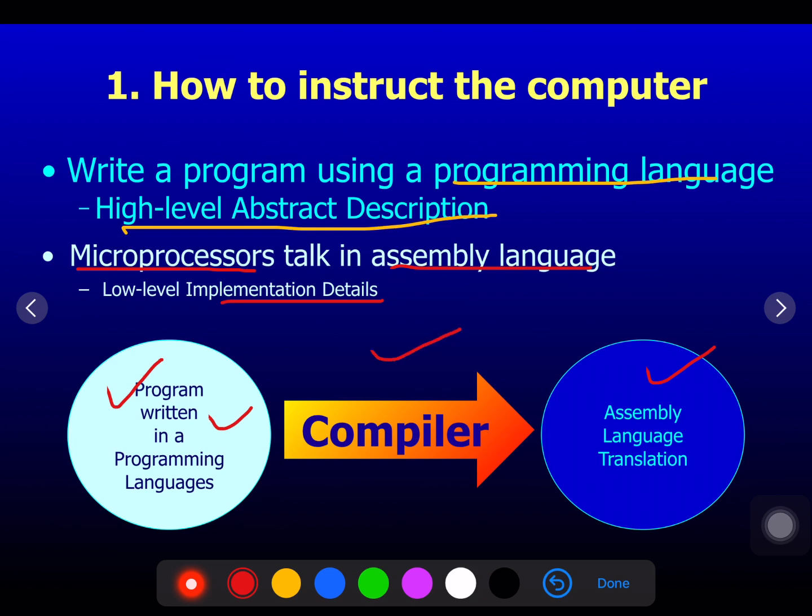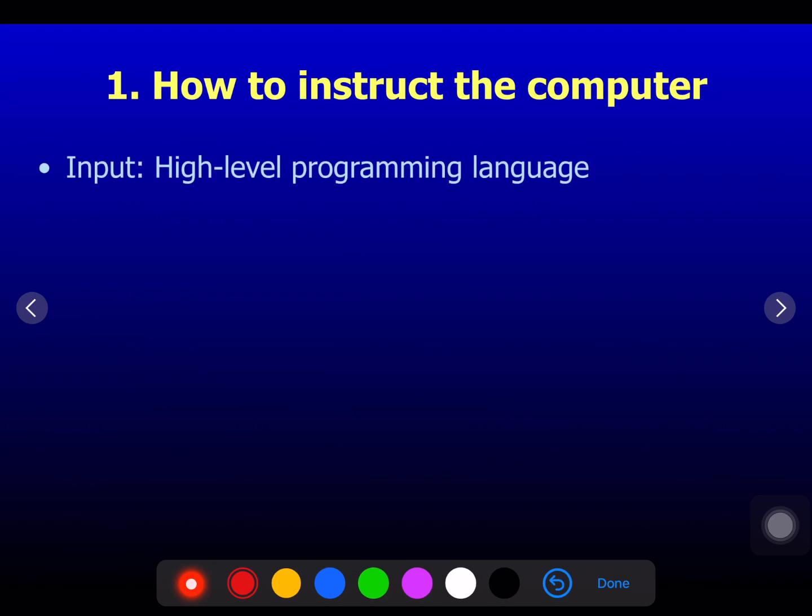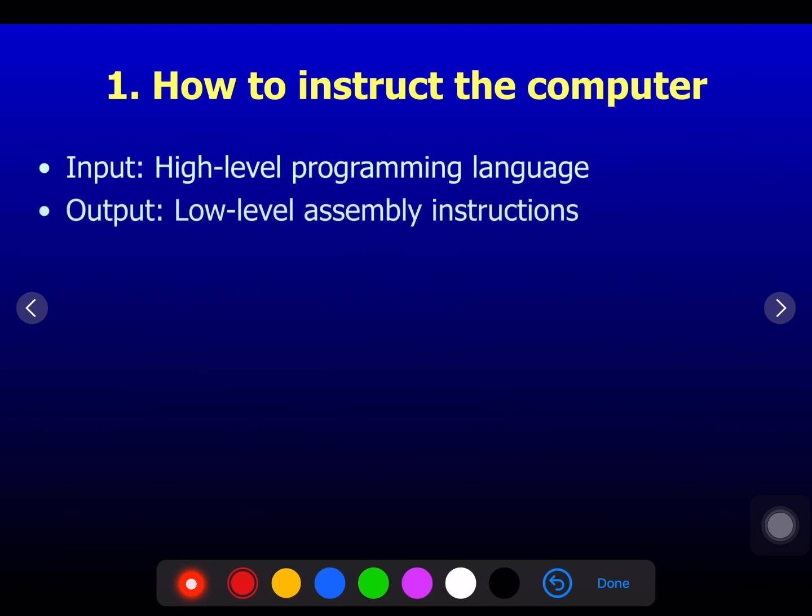So now you understand the compiler. When I continue on instructing the computer, there is an input and an output. In any programming language, there are two conditions: you give an input and you expect an output from it. The high-level programming language we write produces output at the low level.